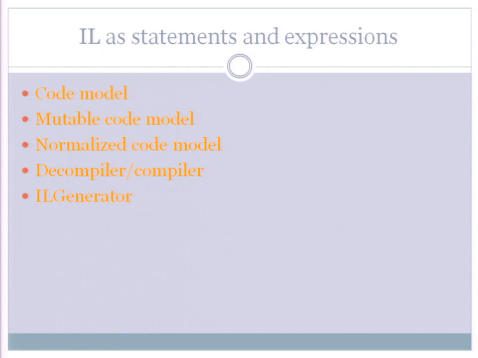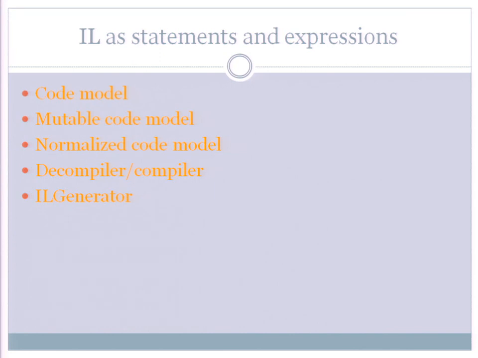So in the code model, there's an expression for an anonymous delegate, or closure, or whatever you want to call it. And so there's a bit of mapping going on there. So there's actually a subset of the code model, which I just call the normalized code model, where these higher level mapped constructs are not present.